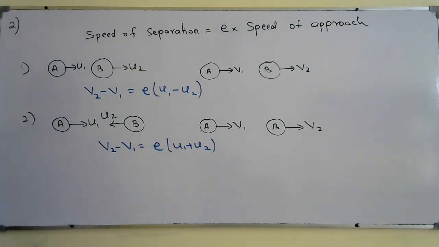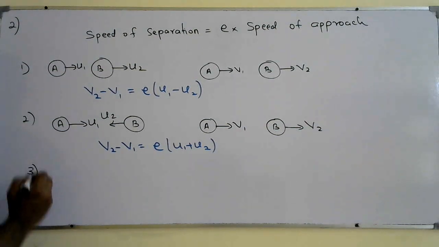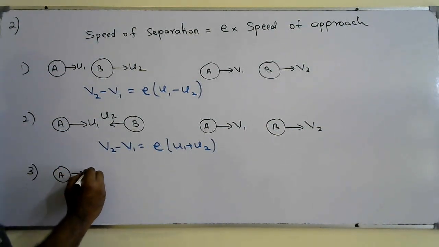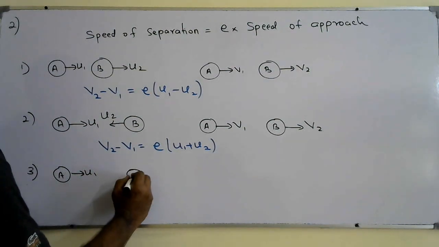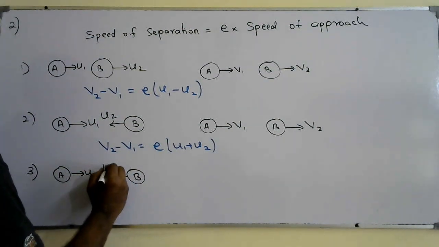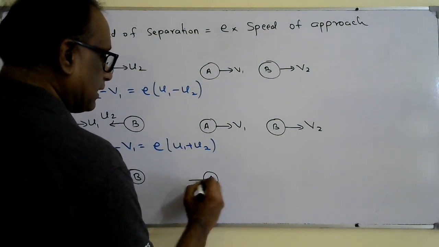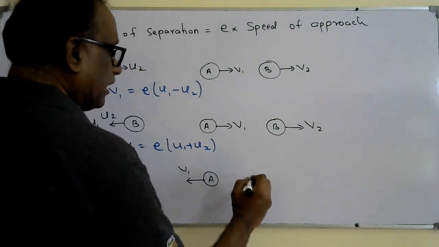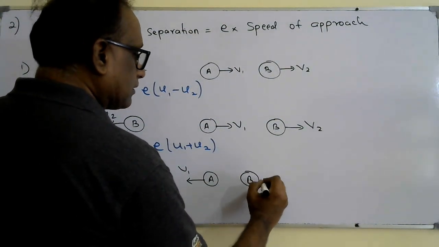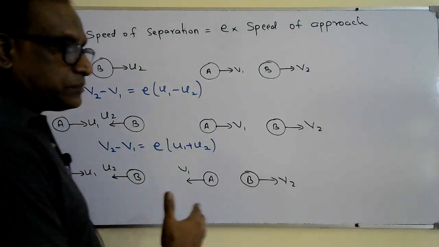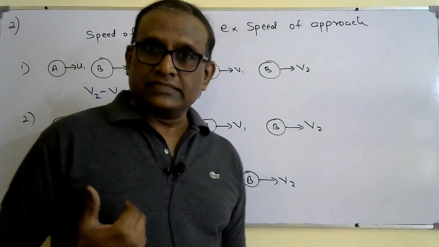Okay, third example. A is moving towards B at u1. B is moving towards A at u2. After collision, they are bouncing off. A is moving at v1. B is moving away at v2. So here, at what speed are they separating from each other every second?